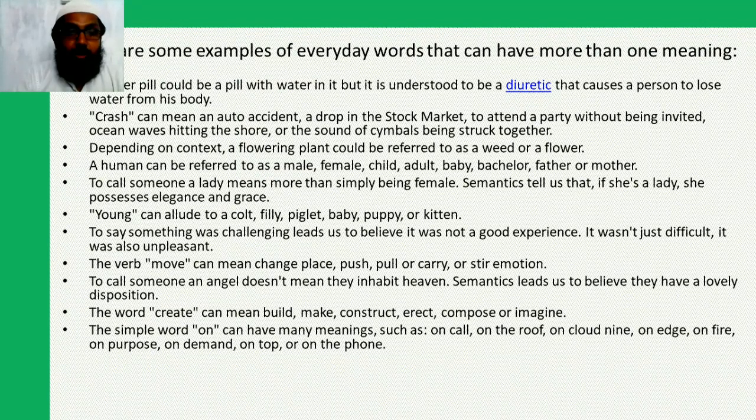Crash can mean an auto accident, a drop in a stock in the market, to attend a party without being invited, ocean waves hitting the shore, or the sound of cymbals being struck together. Crash has these meanings depending on context.